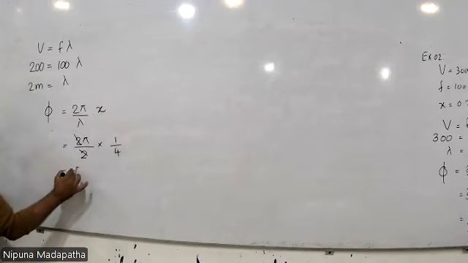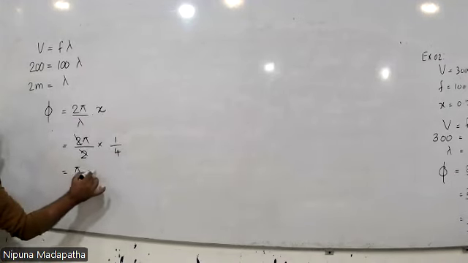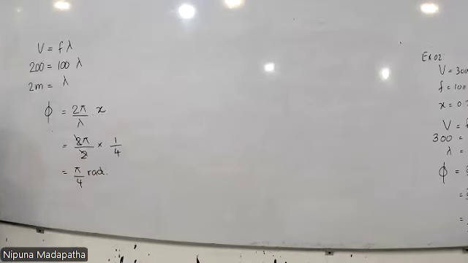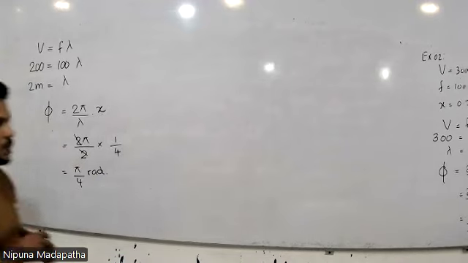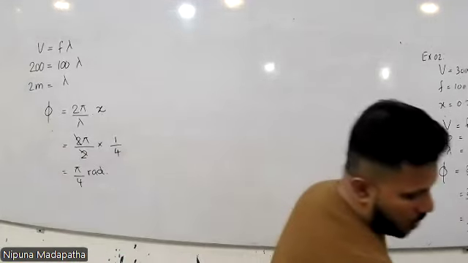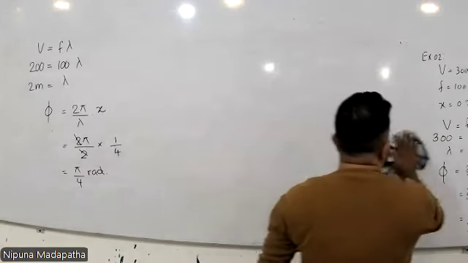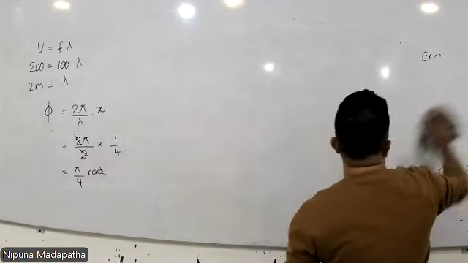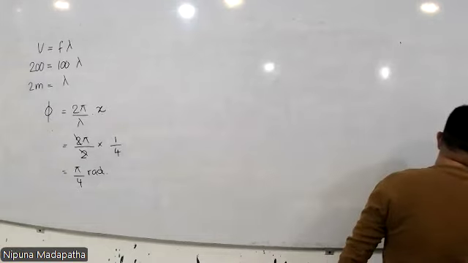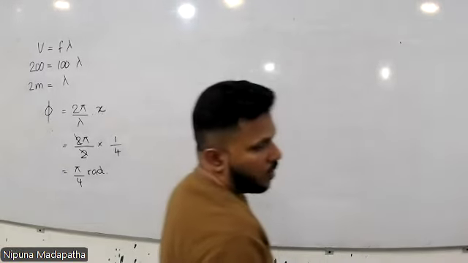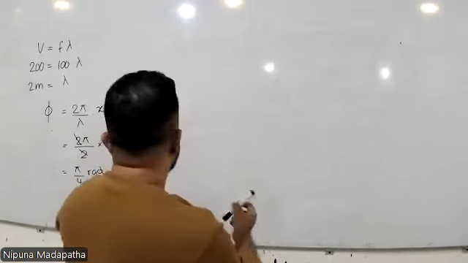So the angle is pi divided by 4 in radians. So now you know how to find the phase difference between two points of a wave.